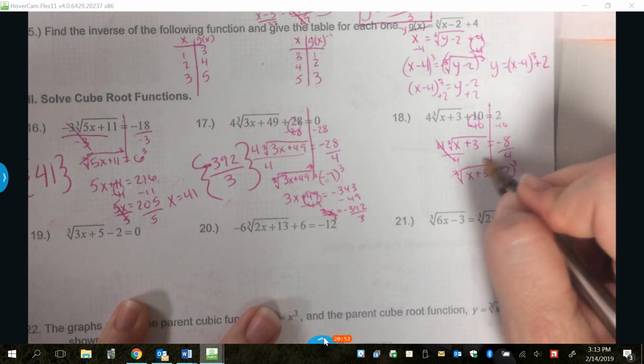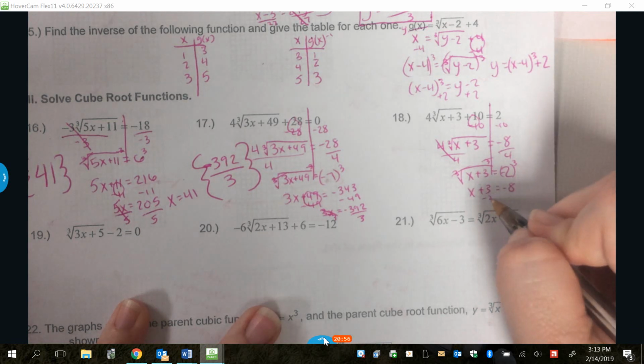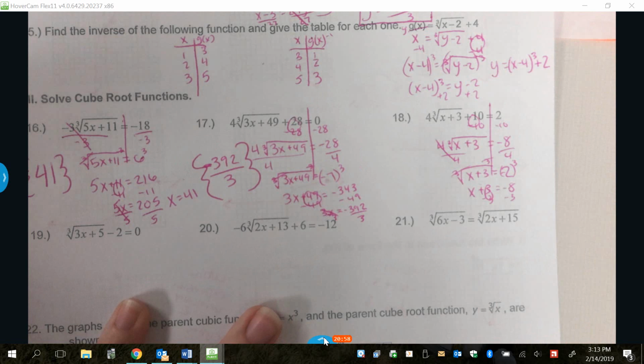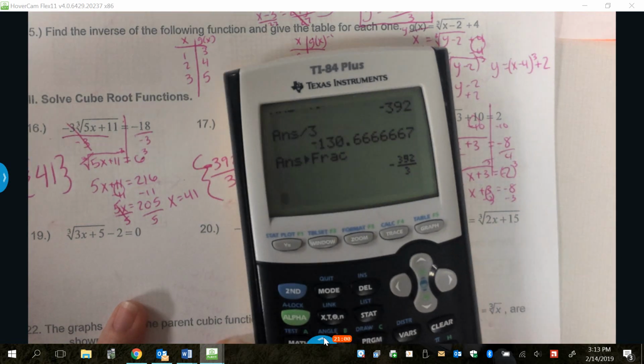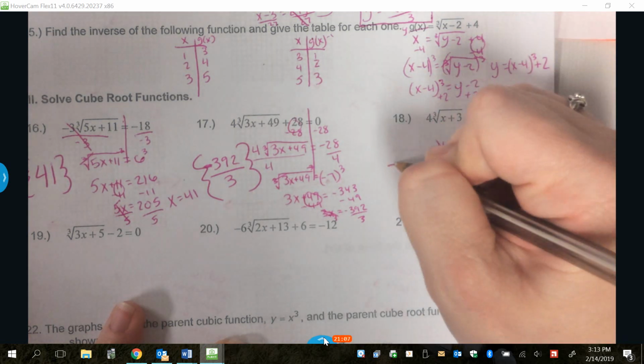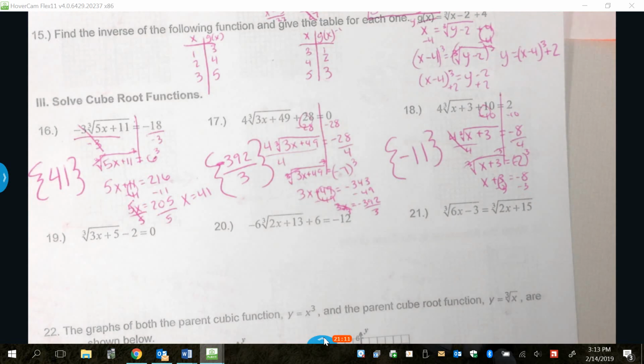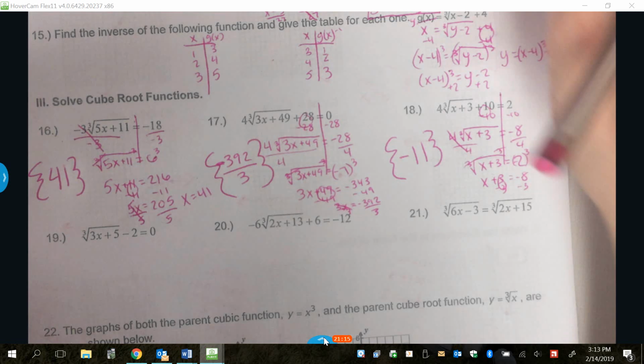And I get x plus 3 equals negative 8. Minus 3, minus 3. Be careful here. A lot of y'all make a mistake here. Negative 8 minus 3 is negative 11. If I borrow $8 and I borrow 3 more, I owe you $11. Think if somebody takes away and takes away more, that's still taking away.